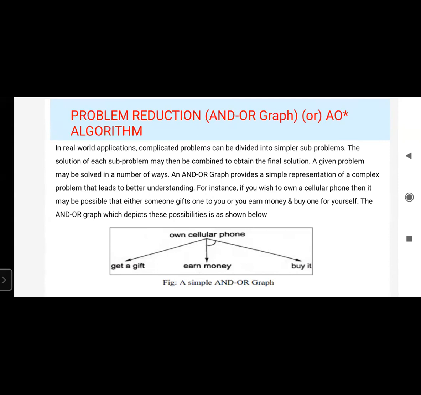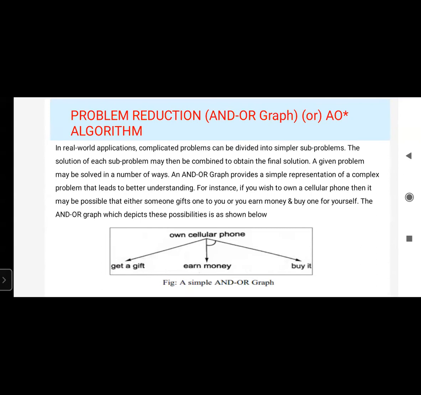This AND/OR graph is nothing but one representation of dividing the complex problem into subproblems. It provides a simpler representation of a complex problem that leads to better understanding. That means by dividing the complex problem into subproblems using AND/OR graph, we can understand the problem in a better way. For example, consider an instance: if we wish to own a cellular phone.